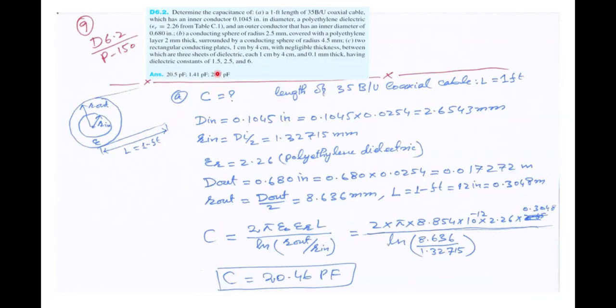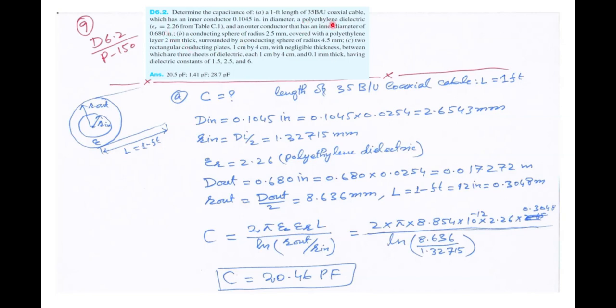Now let us solve a drill problem. In this drill problem, we are asked to determine the capacitance of a 1 foot length of 35 BU coaxial cable, which has an inner conductor diameter of 0.10545 inches and polyethylene dielectric material.